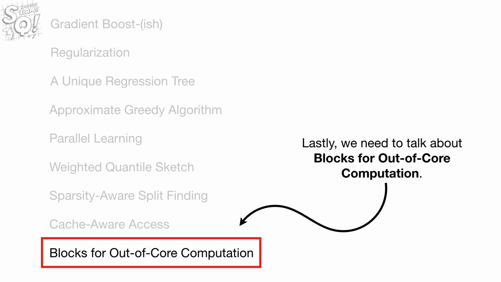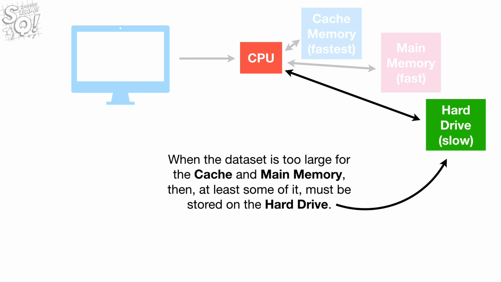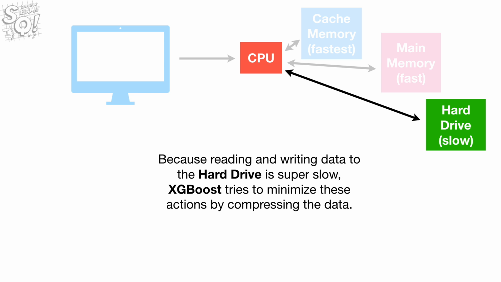Lastly, we need to talk about blocks for out-of-core computation. Going back to the super simple computer schematic, when the dataset is too large for the cache and main memory, then, at least some of it, must be stored on the hard drive. Because reading and writing data to the hard drive is super slow, XGBoost tries to minimize these actions by compressing the data.